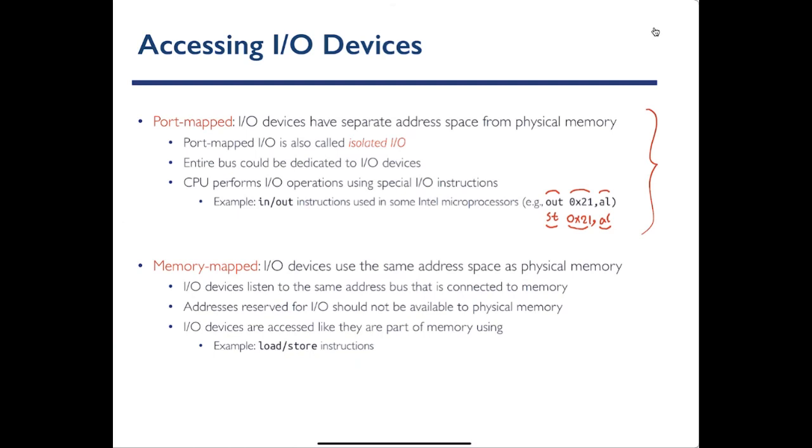Now, when a load or store is issued, the address basically identifies if this request should be sent to IO or to memory, because both of them use the same address bus. IO devices, if you remember, listen to a range of addresses that is assigned to them, and memory listens to a range of addresses that is assigned to it. Both of them are connected to the same bus.